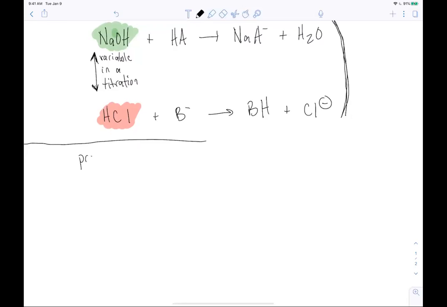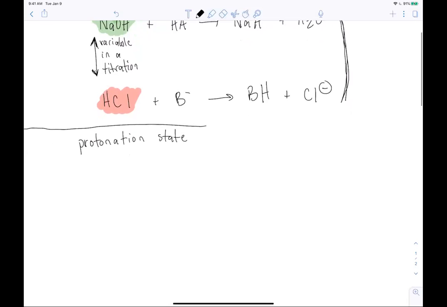And so that's where this idea of protonation state comes from. Protonation state just refers to whether or not an acid is protonated. So let's say you have acetic acid, which is one of the more common organic acids that we've dealt with.